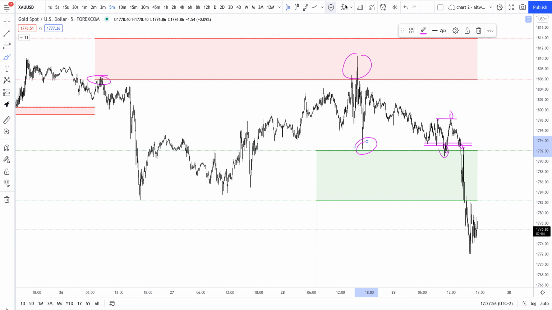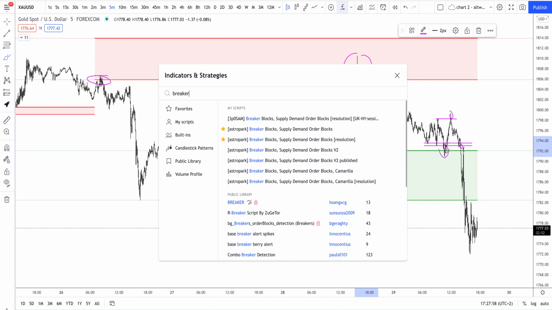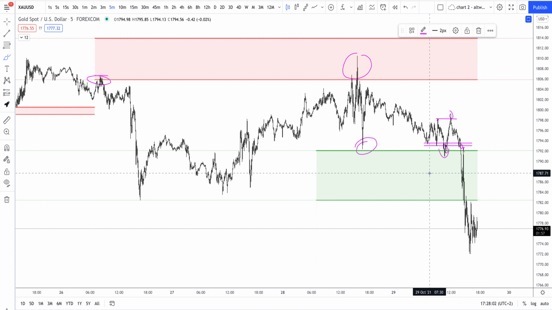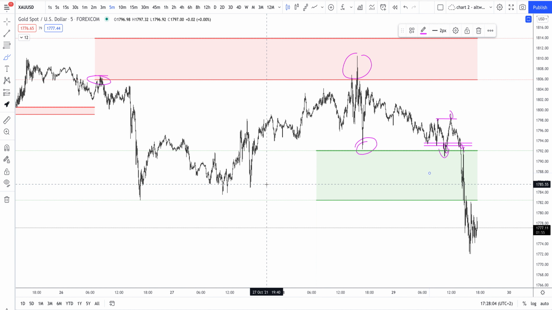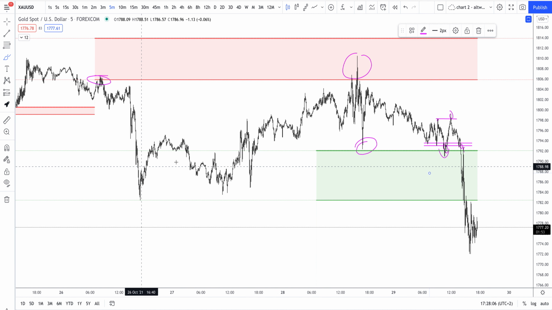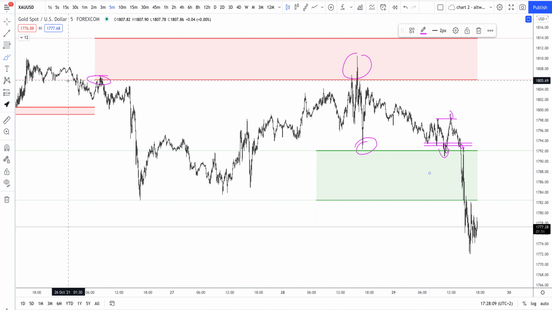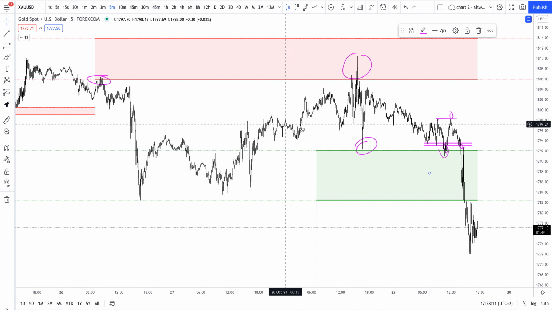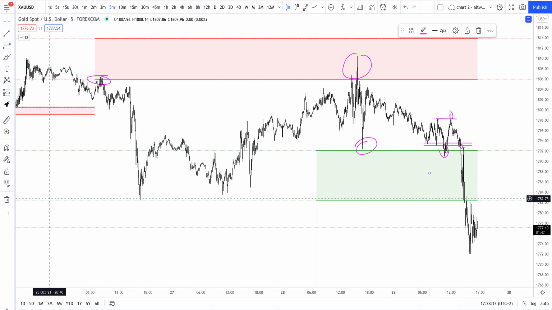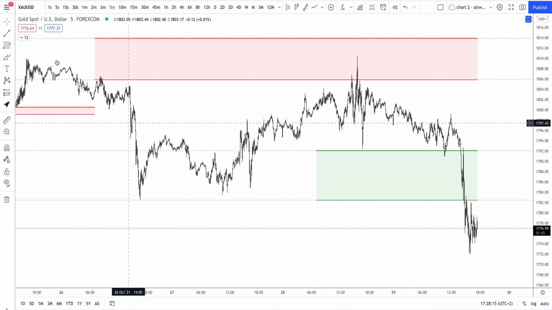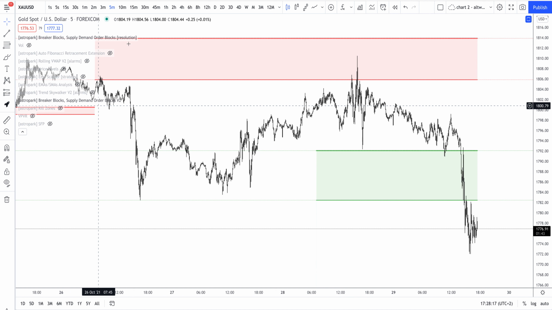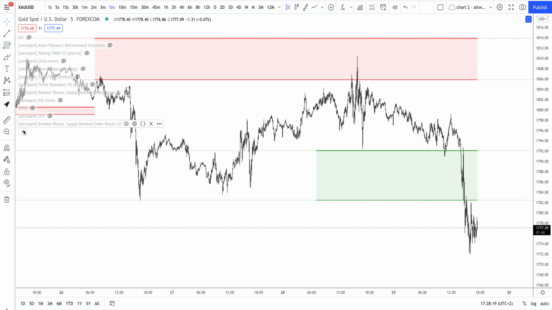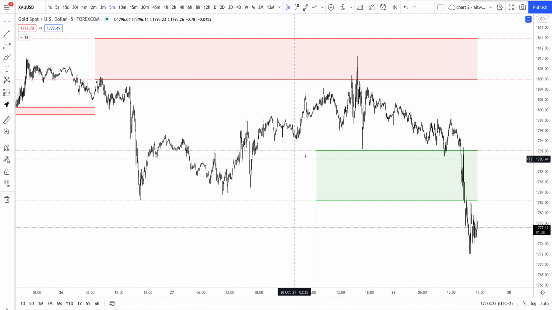Of course, another thing that you can do is bigger blocks and supply demand. You can add the indicator 2 times to the chart. Why should you do that? Because, for example, you may say let's wait for the indicator to analyze everything and just display.